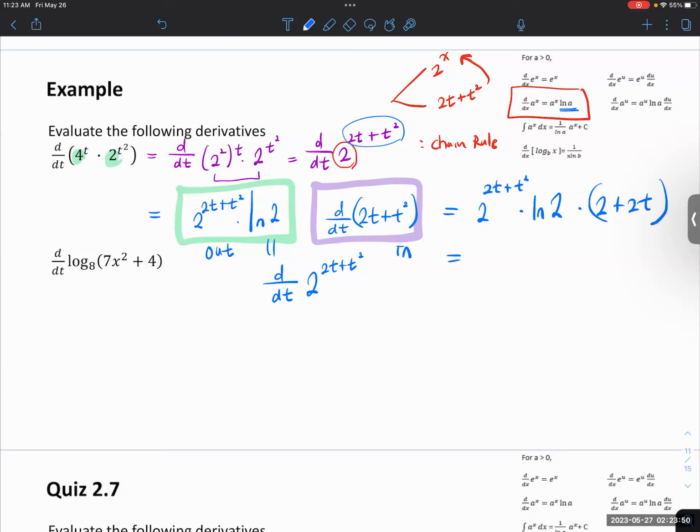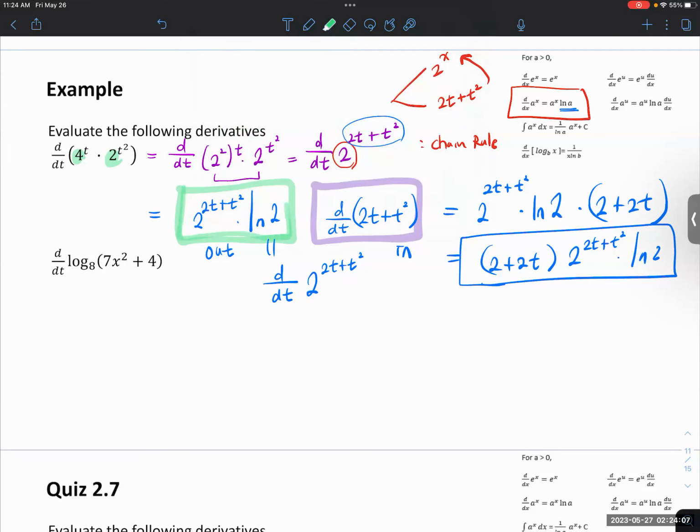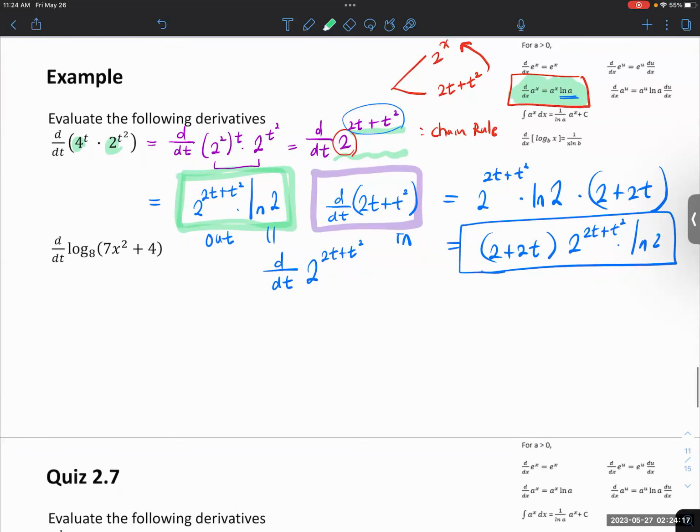So finally, you can change the order, 2 plus 2t, and then 2 to the 2t plus t second, ln 2. So that's your final answer. So be careful, take the derivative of the outside, which is outside, and inside 2t plus t to the second. So this is very important technique you're gonna think. All right, one more.